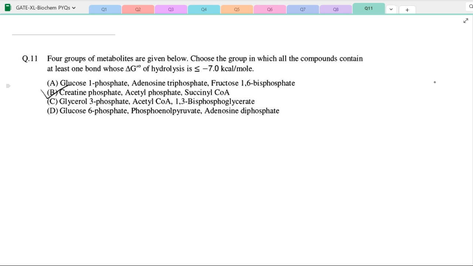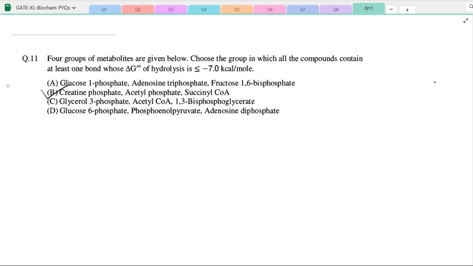If you look at the options, the metabolites here, that is creatine phosphate, acetyl phosphate and succinyl CoA, all of them have at least one bond whose delta G naught is less than minus 7 kcal. However, if you look at the other groups, there's always one which doesn't have a bond that is less than minus 7 kcal.